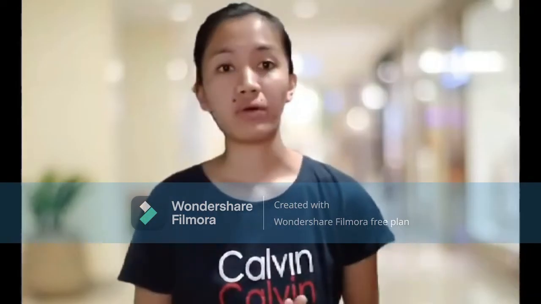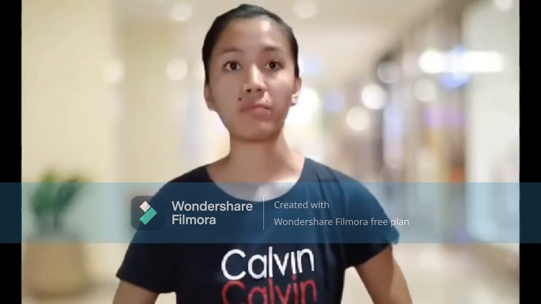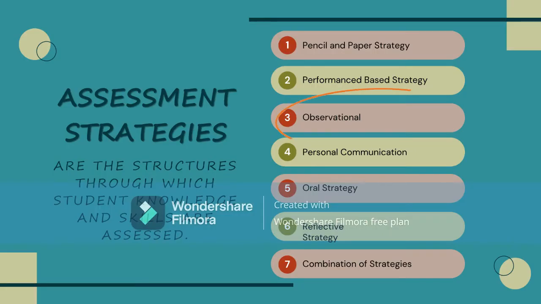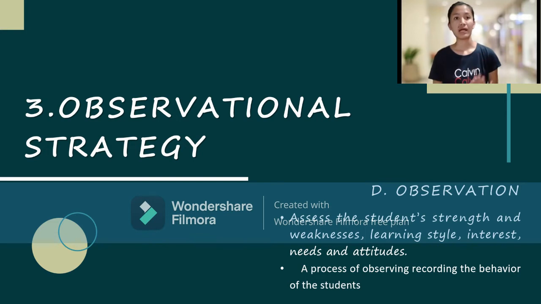So next, the third strategy, is the observational strategy. The tool in assessing this one is observation. Basically, the teacher is the one doing the observation of the student.